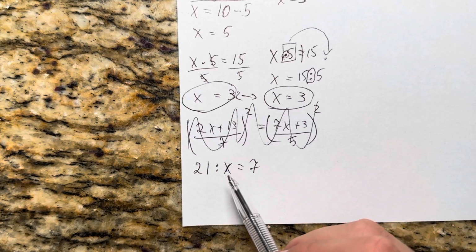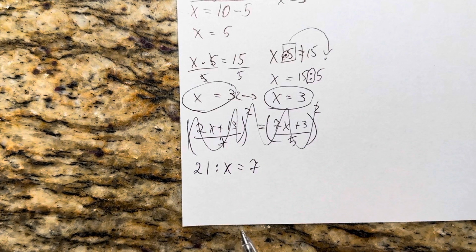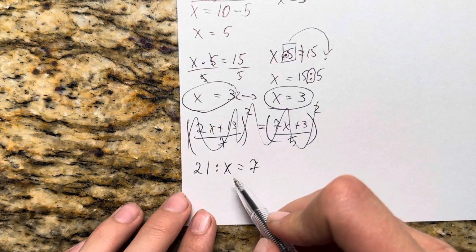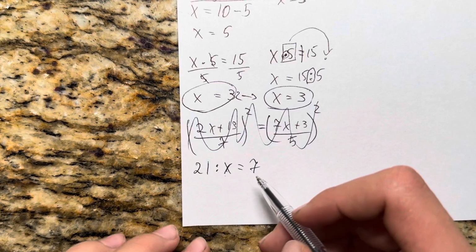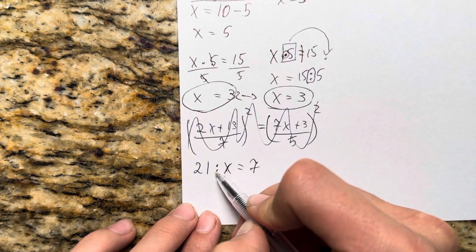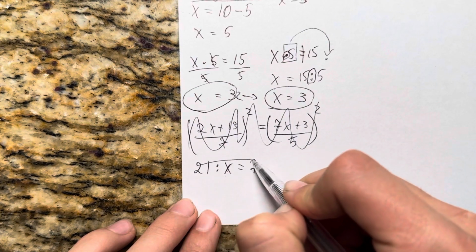So what will we do? We'll isolate the x. Actually, that's a bad example.